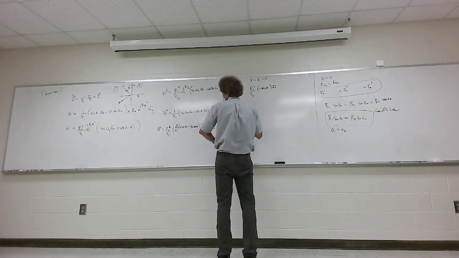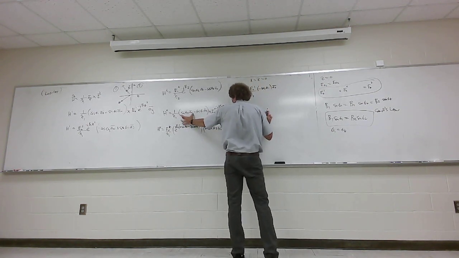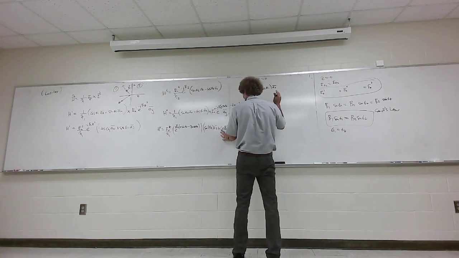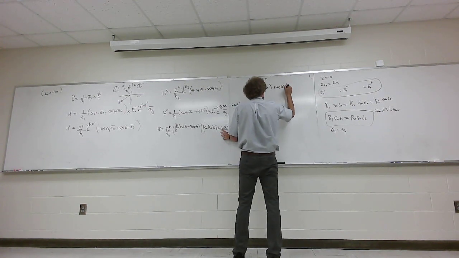Right? So that's the H field from the incident wave. For the reflected wave, I have right here cosine of theta reflected AX, or I can get rid of the X component because they're all AX, so it's going to be plus cosine theta reflected right there.